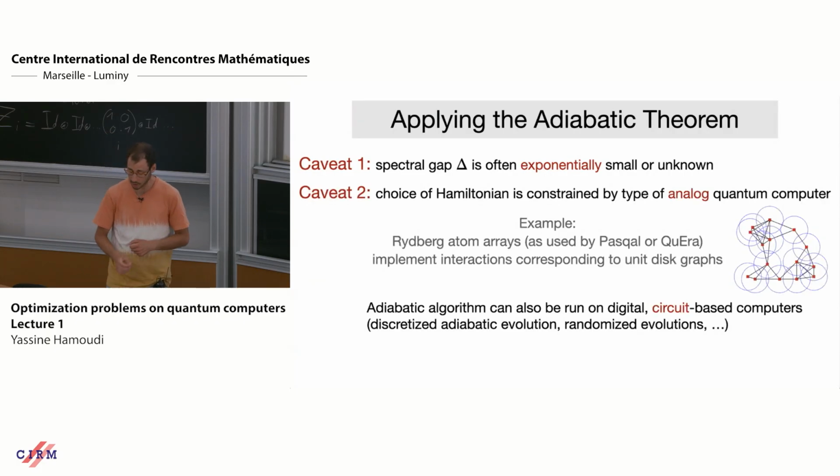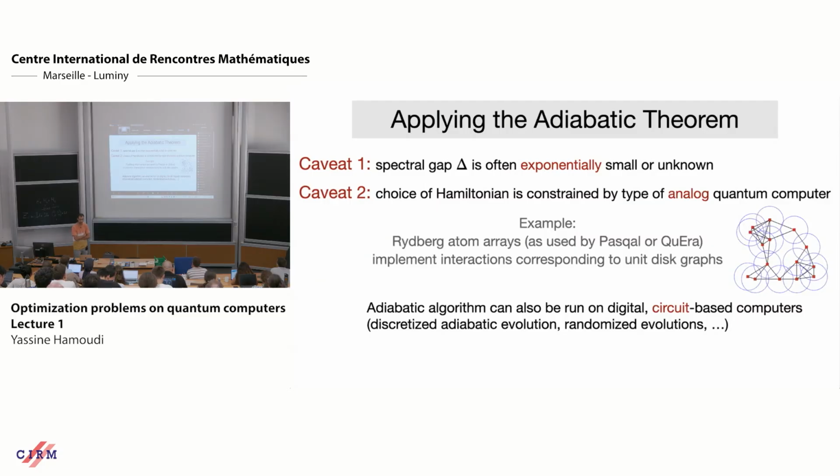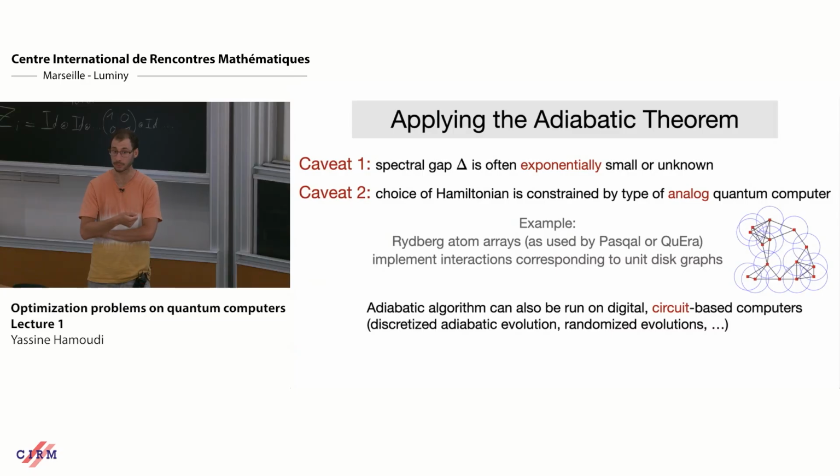A second limitation of the adiabatic theorem is that the choice of the time-dependent Hamiltonian is constrained by the type of quantum architecture on which you want to run the Hamiltonian simulation.